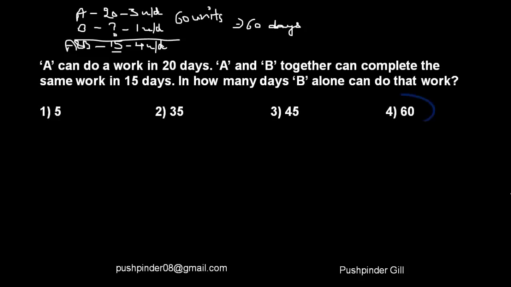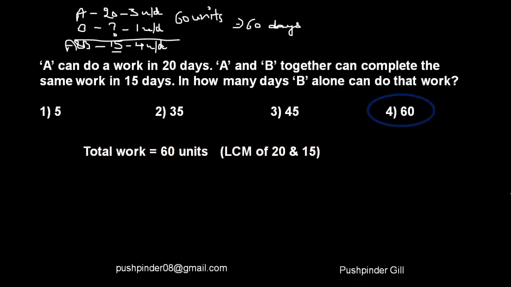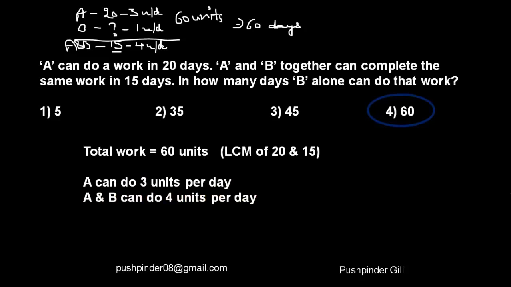So the first step is to assume the number of units. So we assume the work to be of 60 units. So the work is taken as the LCM of 20 and 15, so that there is no fractions involved in the question. So the total work is of 60 units. Now A over here is able to finish 3 units every day and A and B are able to finish 4 units every day. That means B must be finishing 1 unit every day.